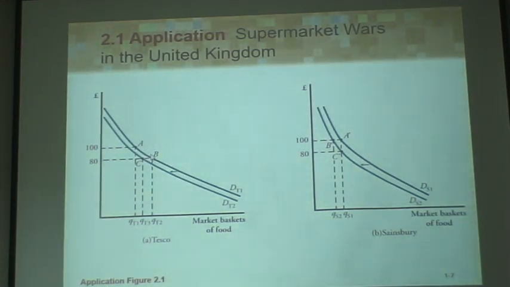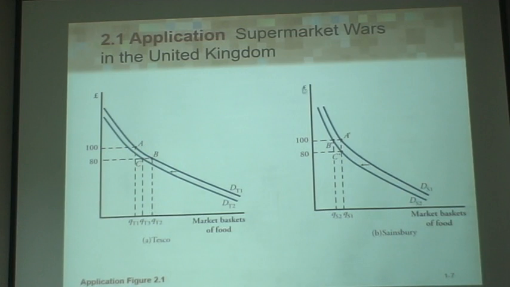Remember, if Tesco lowers the price, it is a change in quantity demanded. So from A to B, for Tesco, there is a change in quantity demanded because the change is in price. But for Sainsbury, it's different, right?